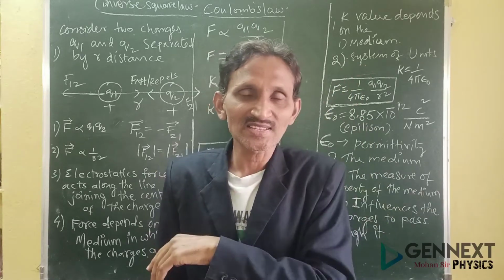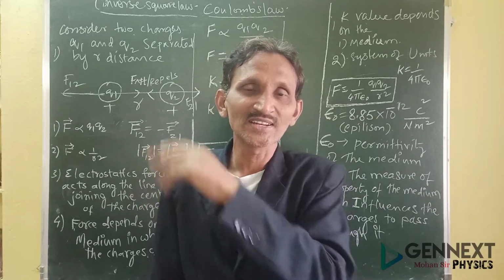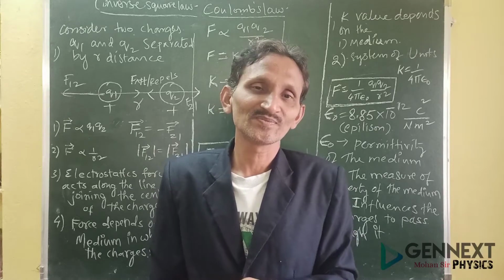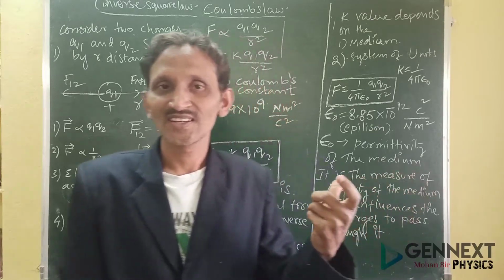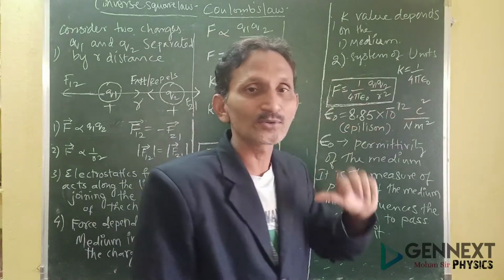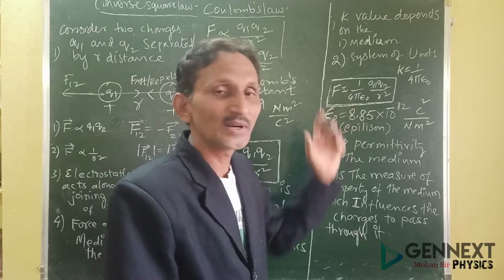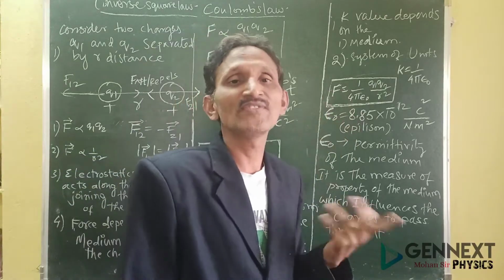In the other system, it is 6.67 into 10 to the power of minus 8 dyne centimeter square per gram square. So the value will change. So the system of units adopted for the charges and the distance will automatically affect the K value.